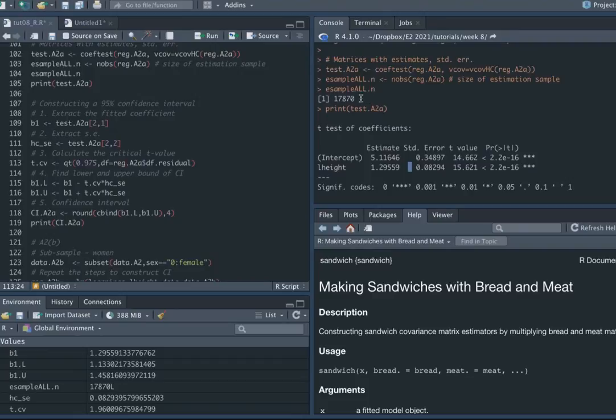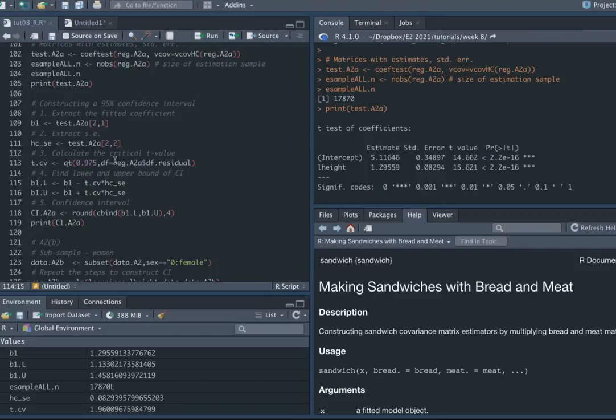We have 17,000 observations, so even though we formally take it from the t-distribution, qt is the quantiles from the t-distribution, we could also take it from the normal distribution. That would be qnorm. It wouldn't make much of a difference because the sample size is so large. We take out the 97.5th quantile, because this is a symmetric test, and we use that as a basis for constructing the confidence interval.